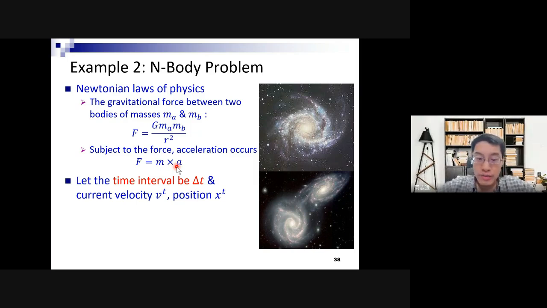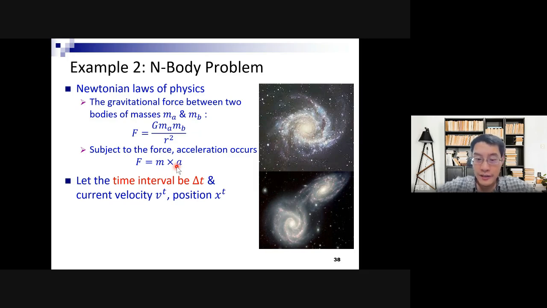And our simulation will basically update the position of those objects for every time interval. So if we play the result over a long period of time, it will become a video, showing the movement of the planets in our sky.